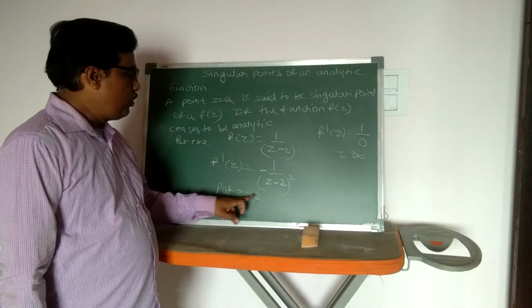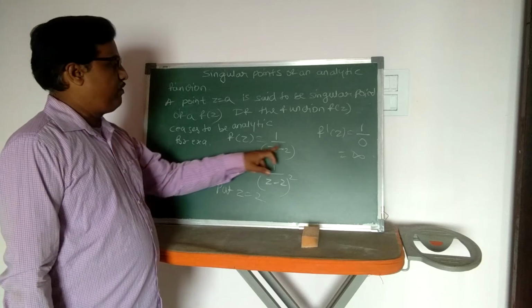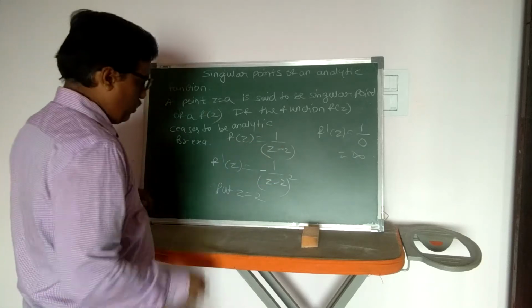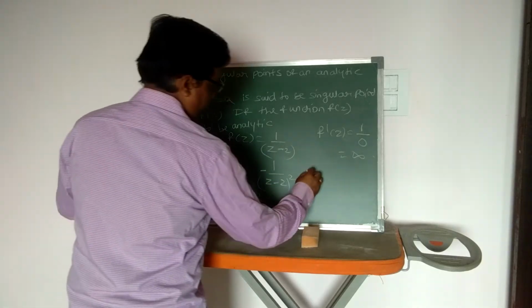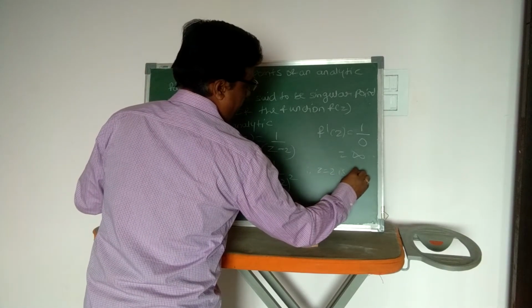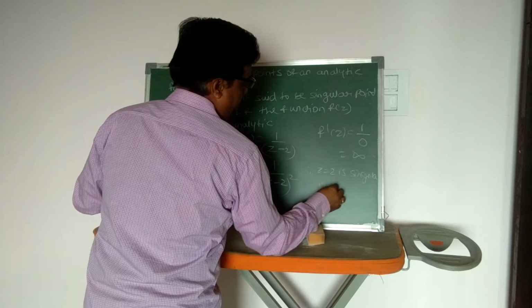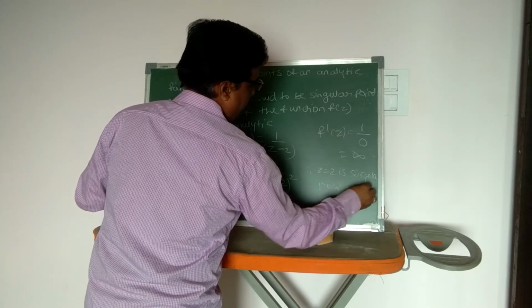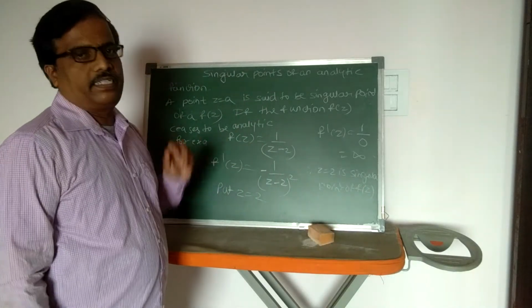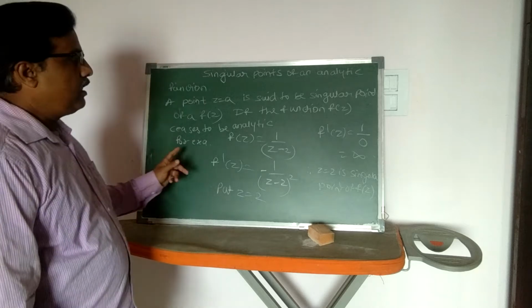So z equal to 2 is a singular point of the function f of z. Okay, so this is one example.